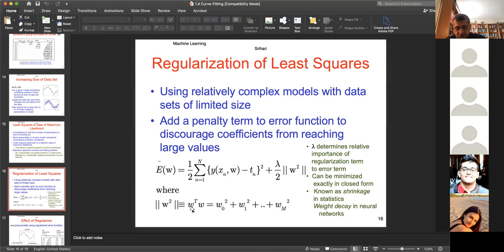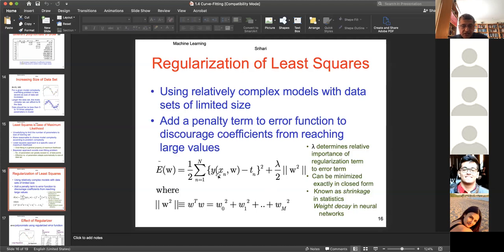It is nothing but w transpose w, which is equal to w0 squared plus w1 squared up to wm squared. That quantity is a measure of the squared Euclidean norm. And what is this lambda? Lambda determines the relative importance of the regularization term to the error term.